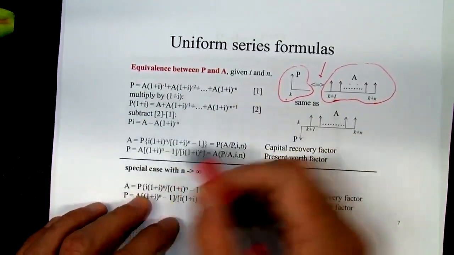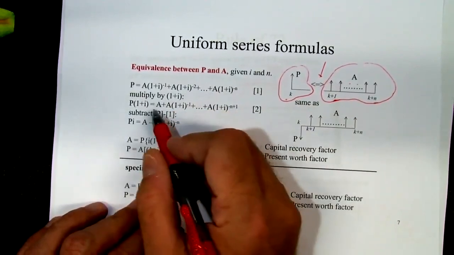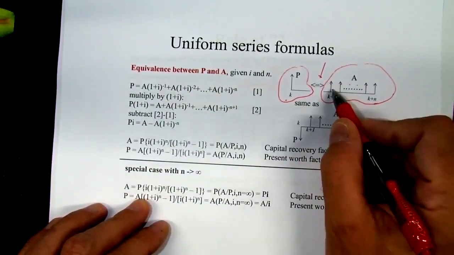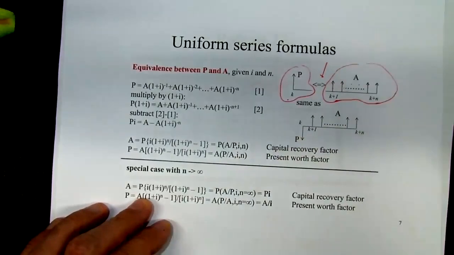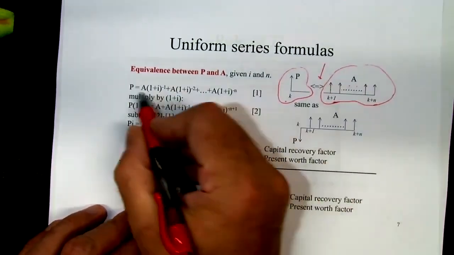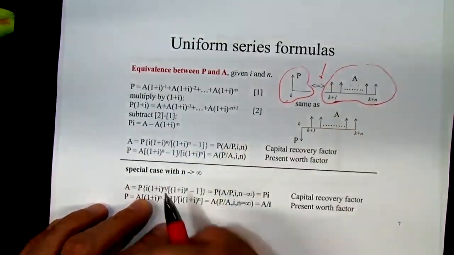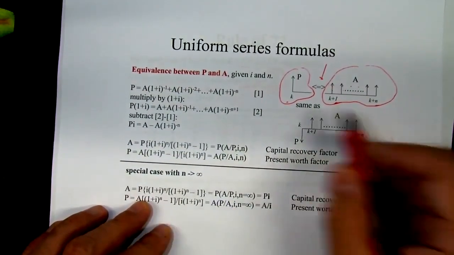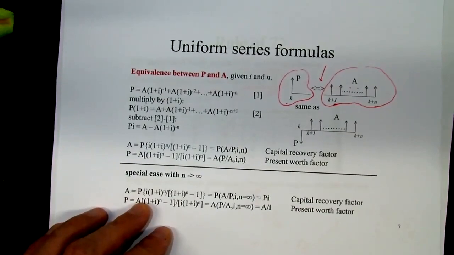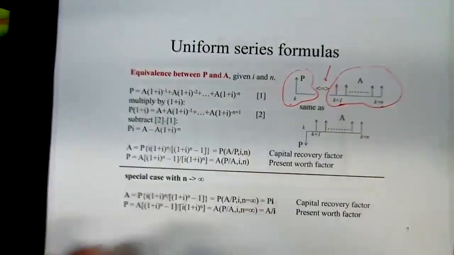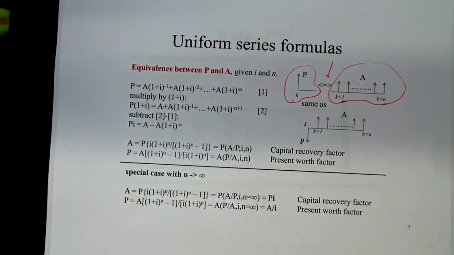I'm not going to test you on that, but if you treat each arrow as a single future amount, you can do the conversion by doing a P given F for each one of them. So I am treating them as a single future amount and moving them back to the present.